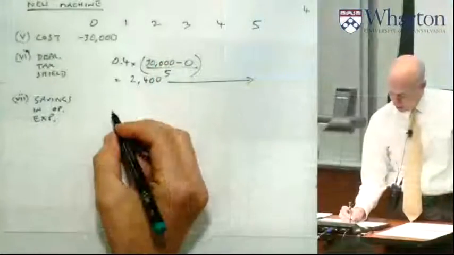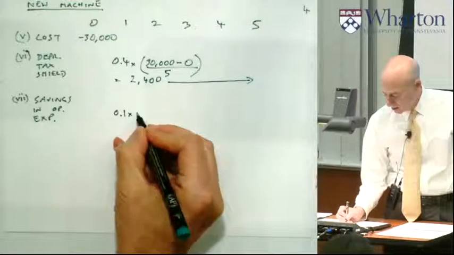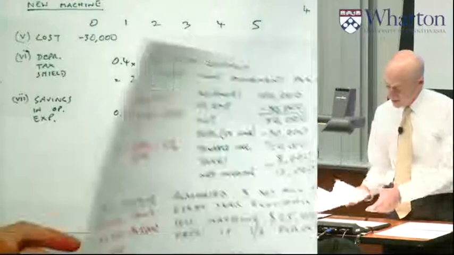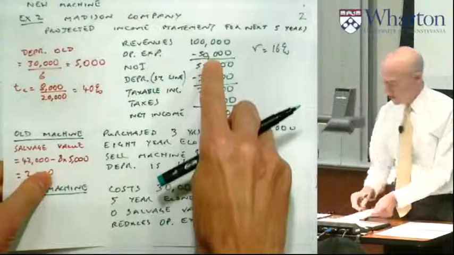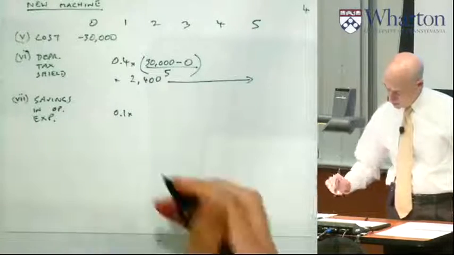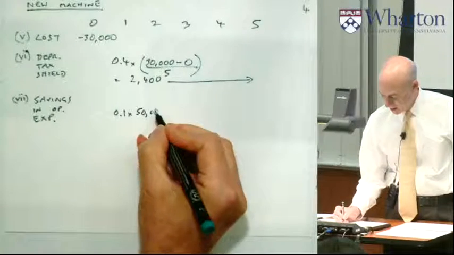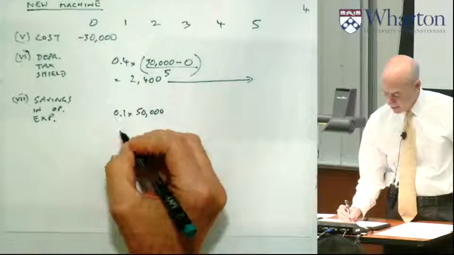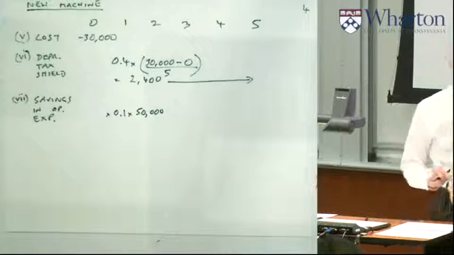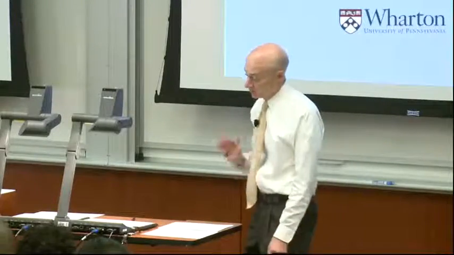And then, how much are they? Well, they're 10% of the 50,000 operating expenses. So it's 0.1 times 50,000. Do I multiply by TC or 1 minus TC? 1 minus TC. It's actually a cash flow, so it's a savings, you have to pay taxes on it.